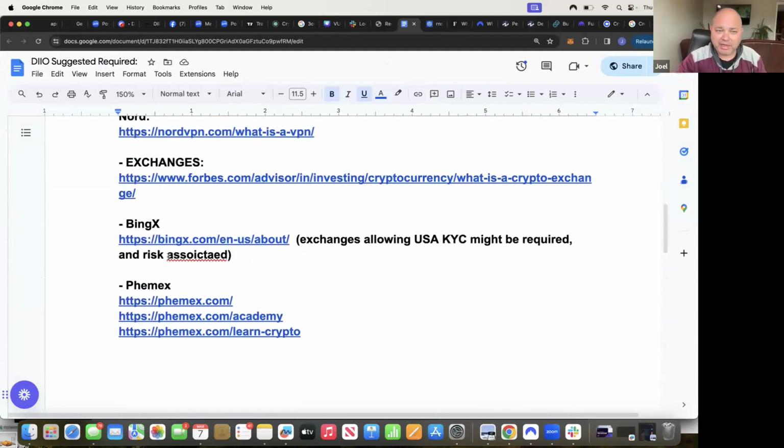You can use BingX and FemX inside of the US with a VPN without the Palau ID, as far as we know. Now, at any point in time, they can change their stuff, right? So personally, I went through, did the Palau ID, and now I can do it on all these exchanges, and I'm comfortable, and I'm honest, and I'm going through the process, and I'm doing what they're asking, right?